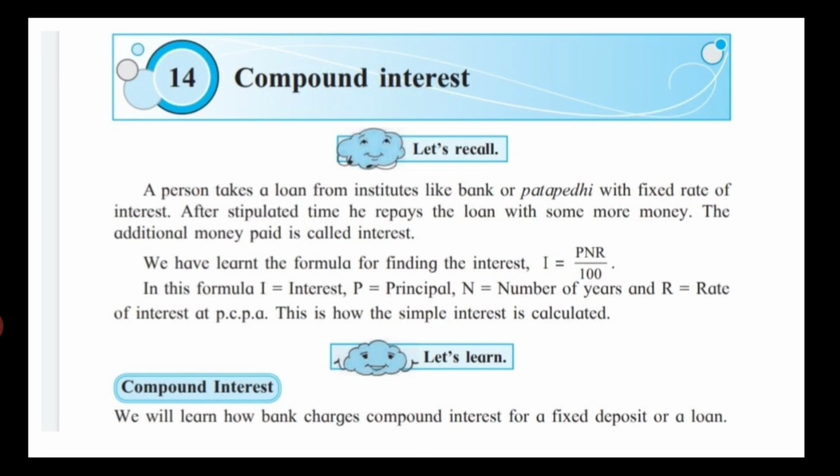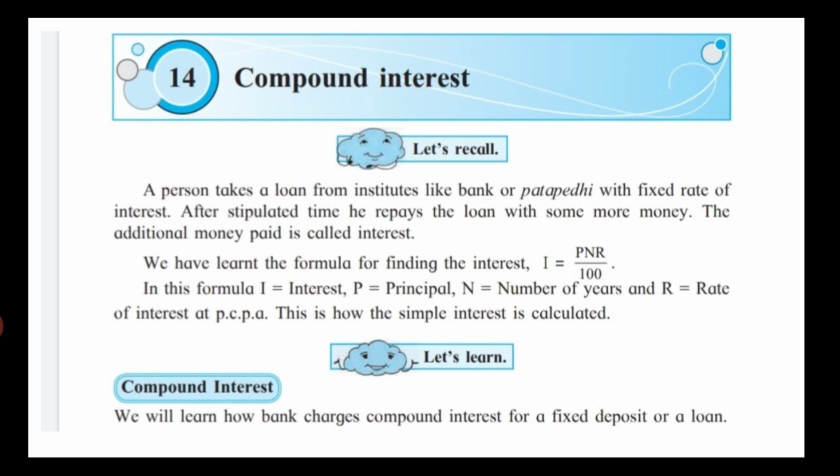That money is known as loan. But after a stipulated time he has to repay the loan with some more money. The money which he has borrowed should be repaid to the bank with some additional money. That additional money paid is called interest.